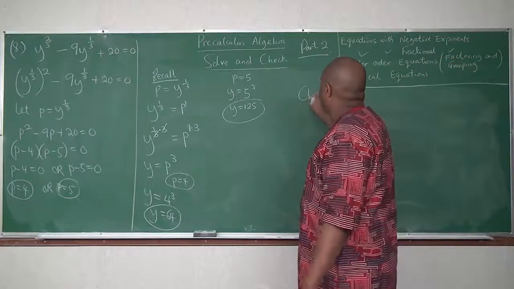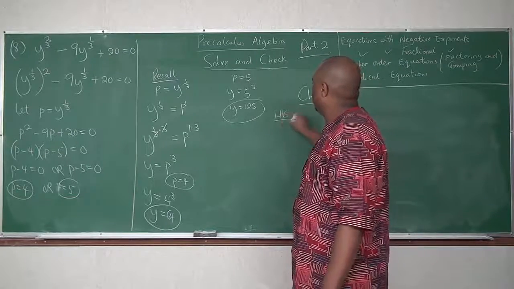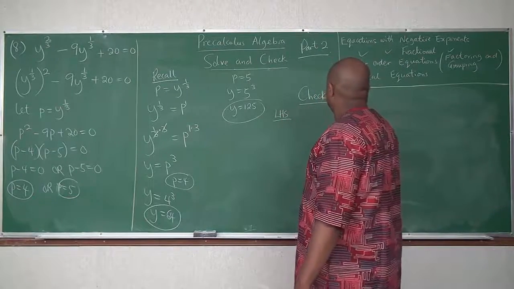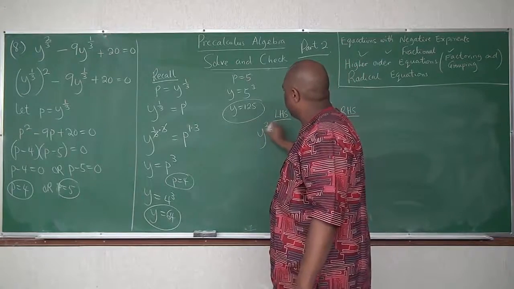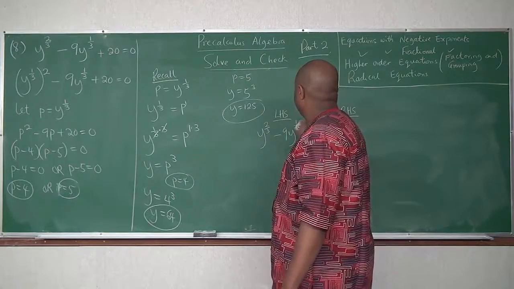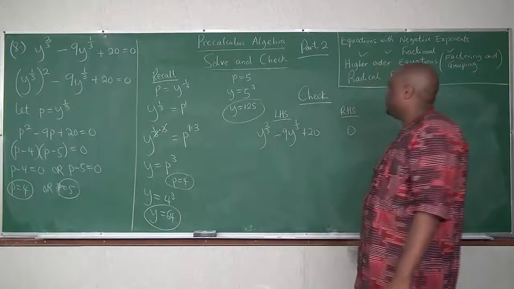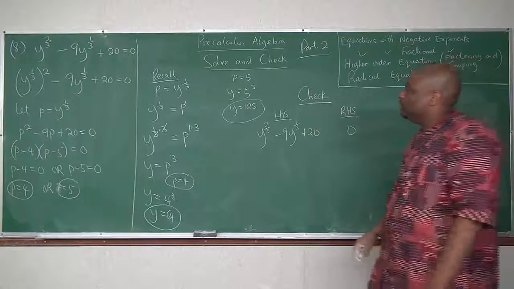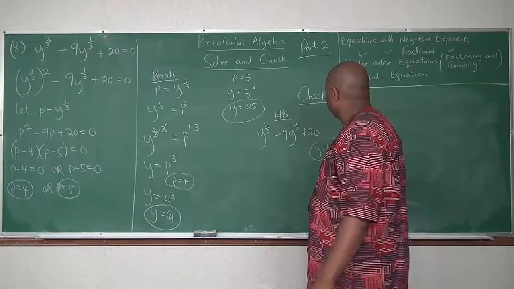So we write our check. Left hand side, right hand side. Left hand side we have y to the 2 over 3 minus 9y to the 1 over 3 plus 20. Right hand side we have 0. Let's check with y equal to 64.